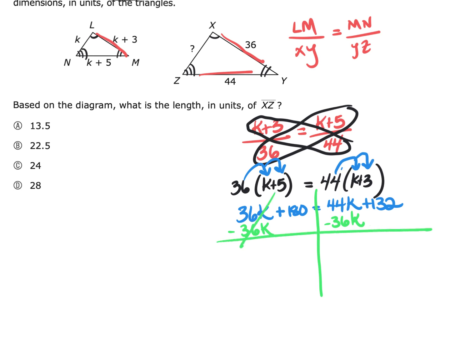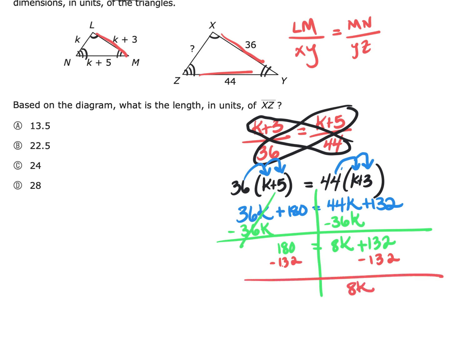Remember, that'll cancel, leaving me with just 180 equals 8K. Okay. And since I moved the variables to the right, I need to move the numbers to the left. They have to go opposite. So minus 132.